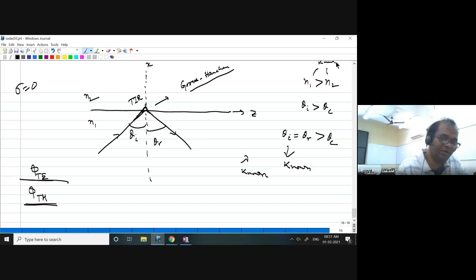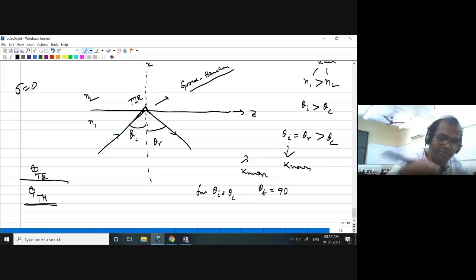What I assumed is that some penetration is there, and you know that when theta equals theta c, theta t equals 90 degrees. For theta i equal to theta c, theta t will be 90 degrees.